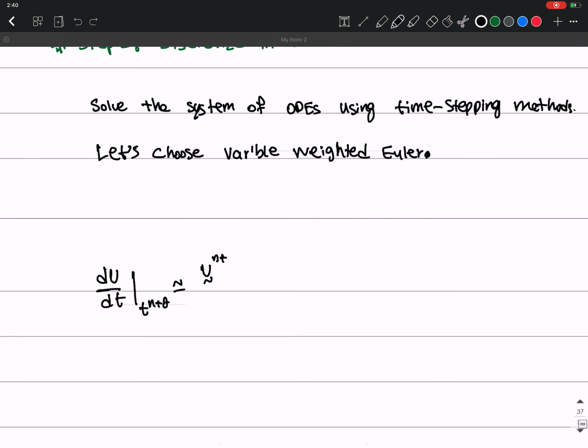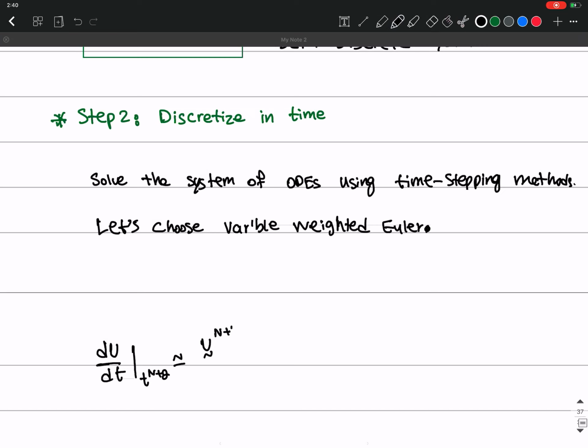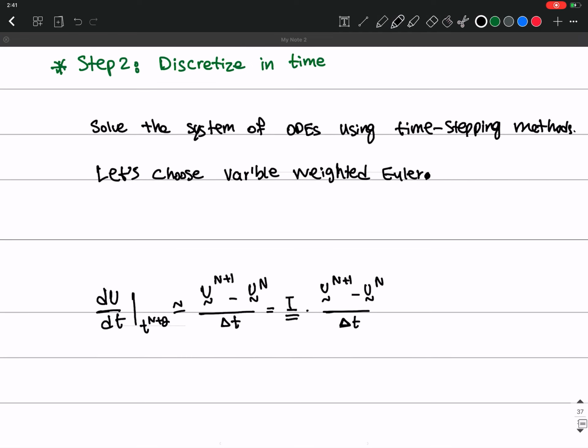Let me write this all with capital to be consistent. So we have Tn plus theta, and then Un plus 1 minus Un over delta t. We can represent or approximate it like this in the Euler method. And this equals the identity matrix, the two-dimensional identity matrix, times these vectors, right? Un plus 1 minus Un over delta t. And we need this identity matrix just to do the sum of the matrices, summations.